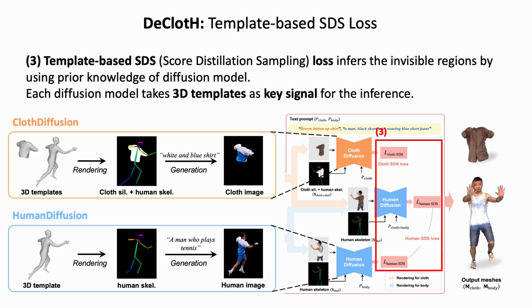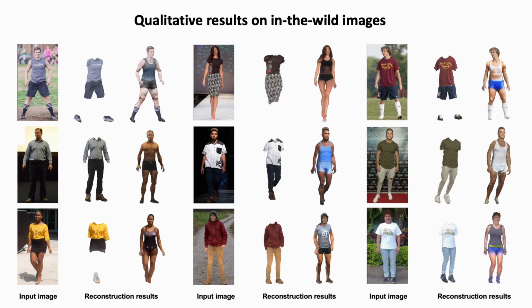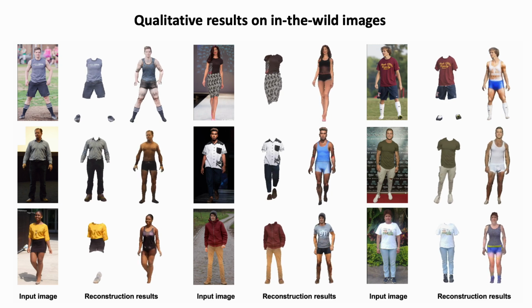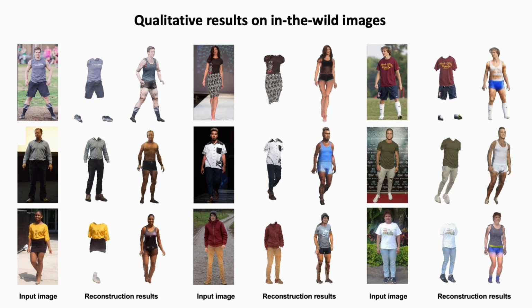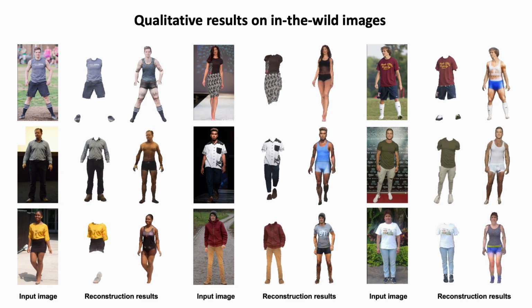So this SDS loss helps infer geometry and texture that correspond to authentic appearances. With the proposed design, our framework accurately reconstructs both 3D clothes and human body on in-the-wild images.